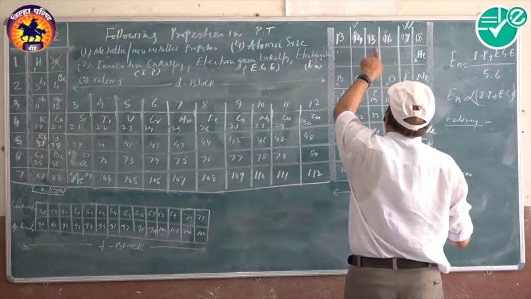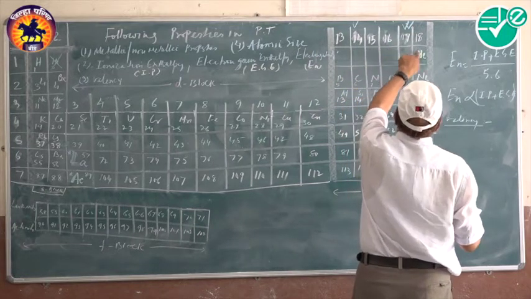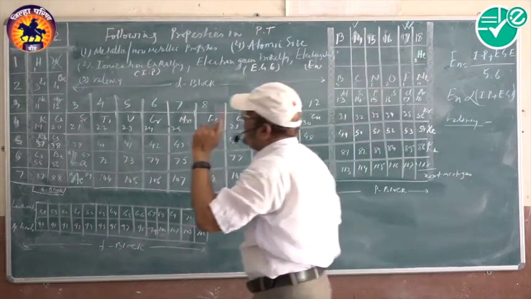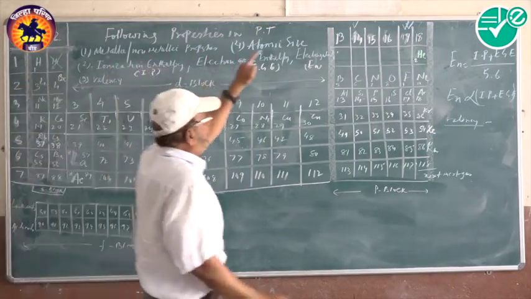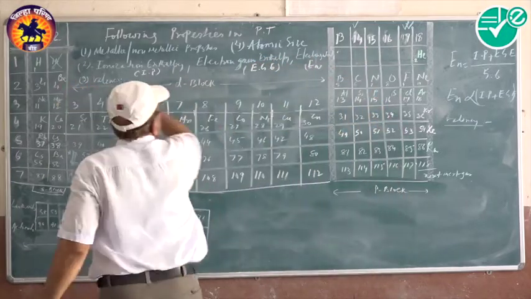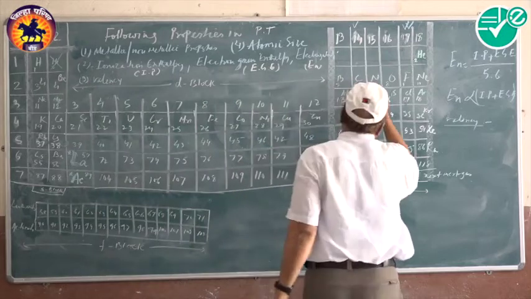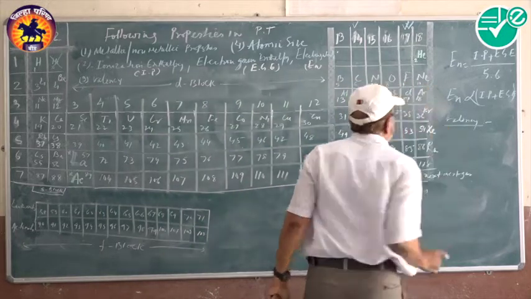Then again decreases: 3, 2, 1 and 0. Hence in the s block and p block, valency first increases up to group 14: 1, 2, 3 and 4. Again 3, 2, 1 and 0.